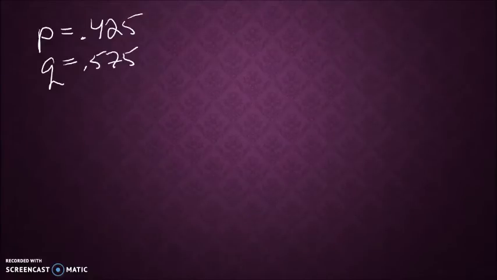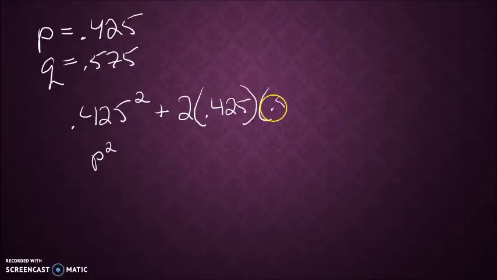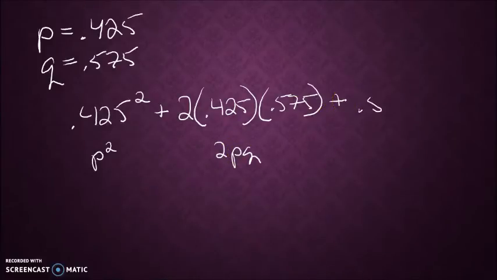We're going to take 0.425 squared, that's P squared, plus 2 times 0.425 times 0.575, that's for 2PQ, plus 0.575 squared, there's our Q squared. And again, we know this equals 1.